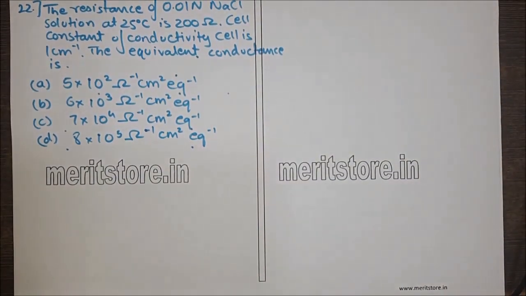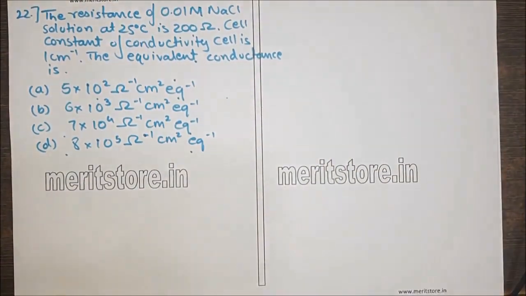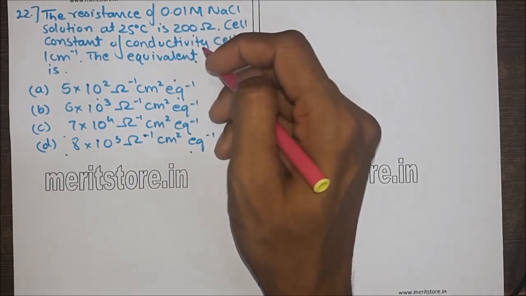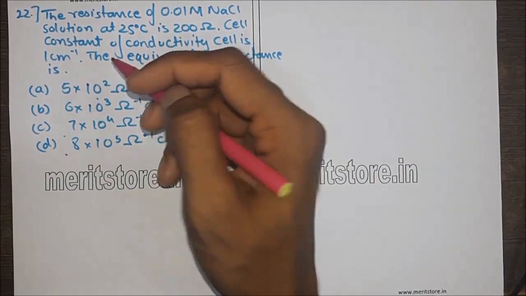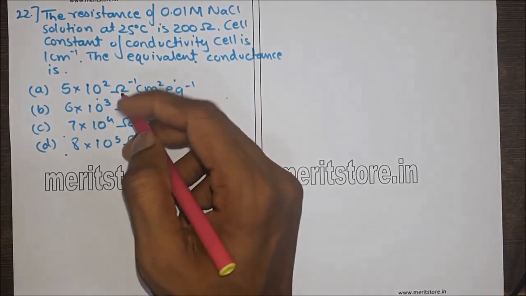Question 22. The resistance of 0.01 N sodium chloride solution at 25 degrees Celsius is 200 ohms. Cell constant of conductivity cell is 1 per centimeter. The equivalent conductance is, we are given four options over here.